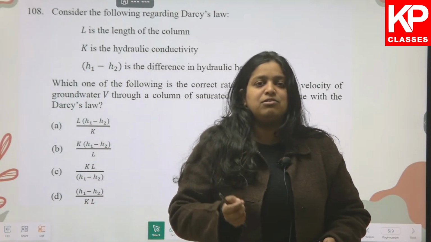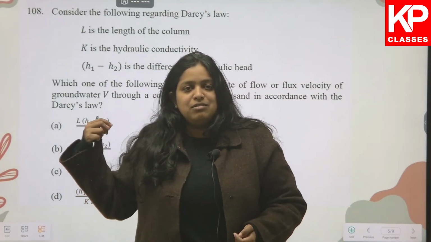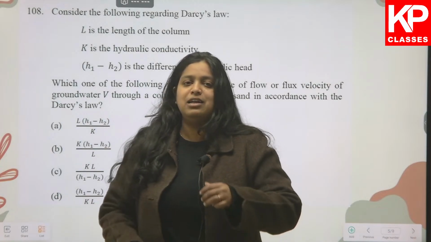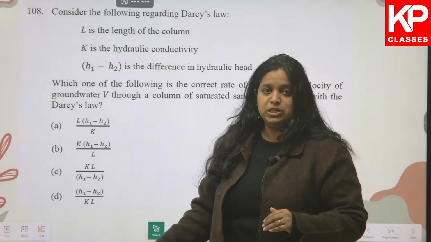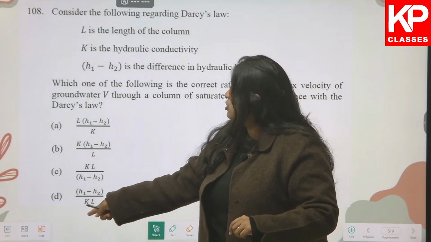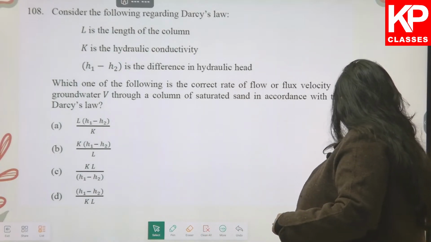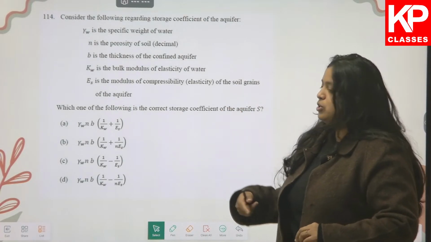In the next section, we will give you some solutions related to these kinds of questions and how to get into the derivation. Sometimes they will not give you the direct equation, and sometimes they will. This is not a direct equation for Darcy's law, and this one is also not the direct equation of the storage coefficient.